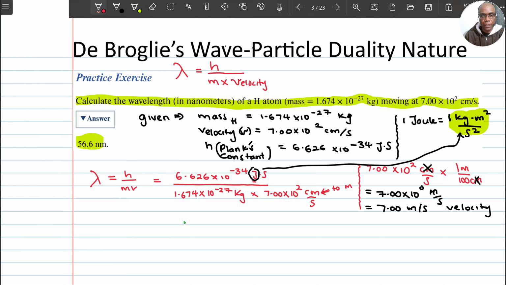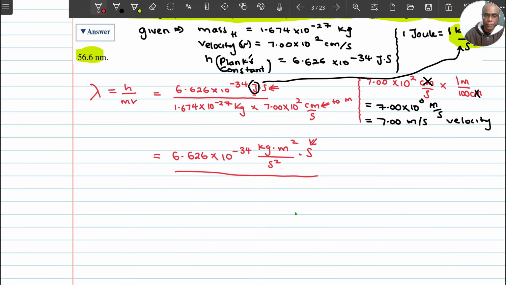So now I can come here and rewrite this as 6.626 times 10 to the power negative 34. Where the joule is, I'm going to put kg meter squared over second squared, and I'm not forgetting this s here. It's going to be this s. And now I should be able to cancel a bunch of SI units here.